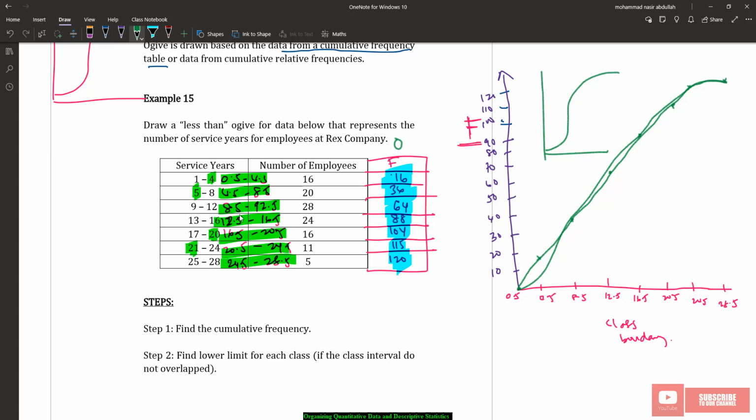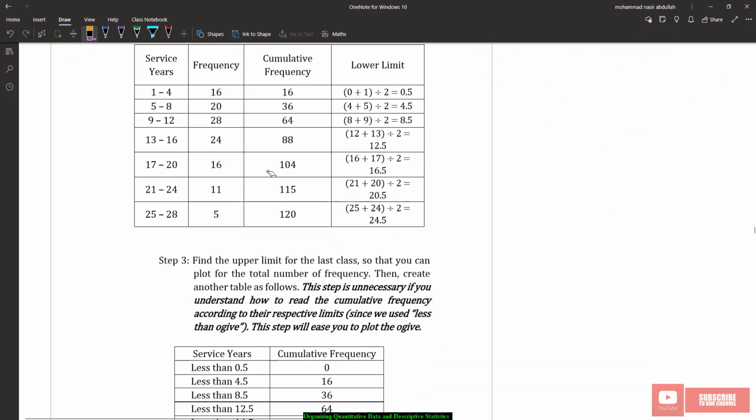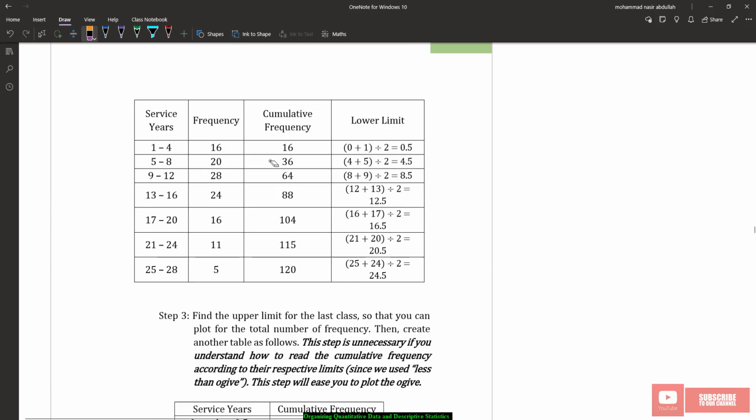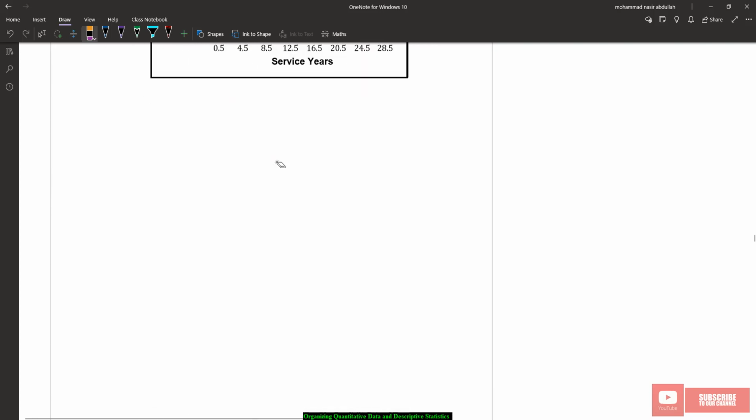So why do we need to draw it properly? Because when the question asks you to find the median from a less than ogive, then you need to scale it on graph paper, right? So this is how we draw a less than ogive, right? All of the steps are already mentioned in this book.